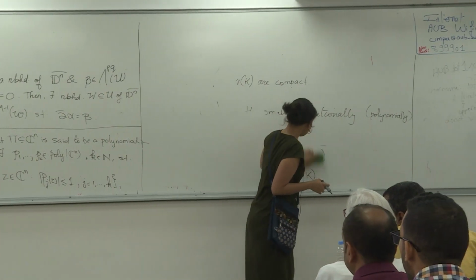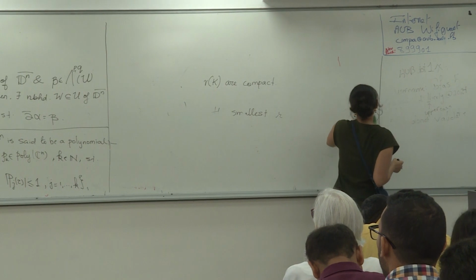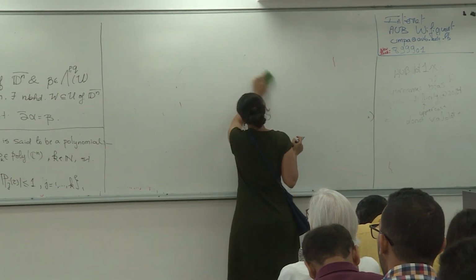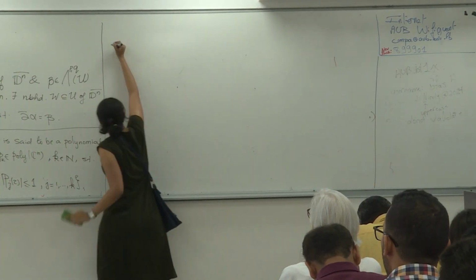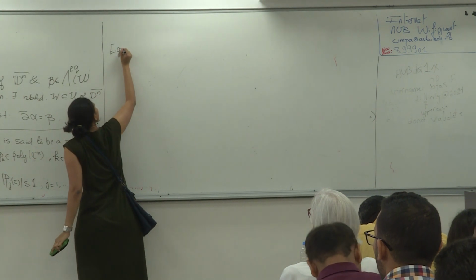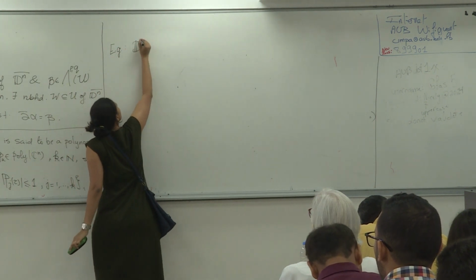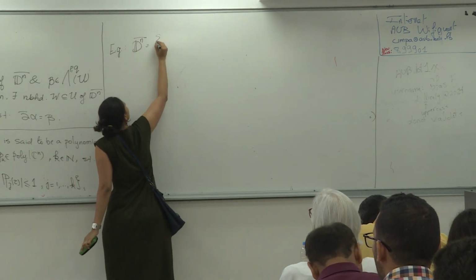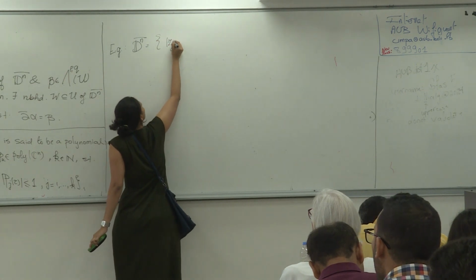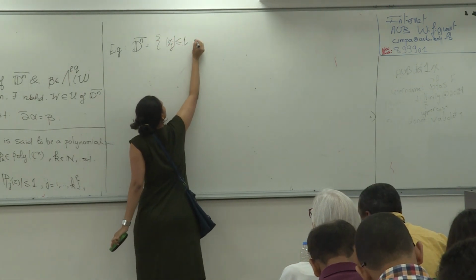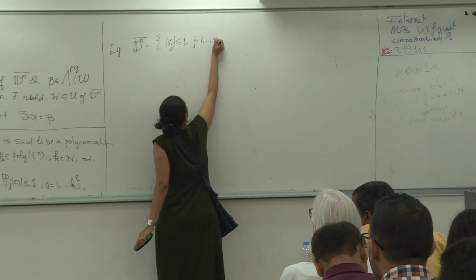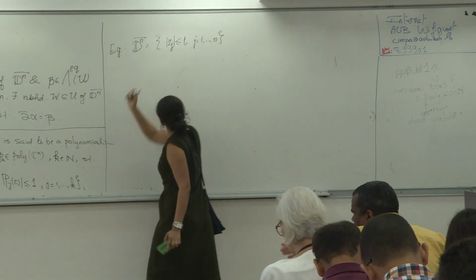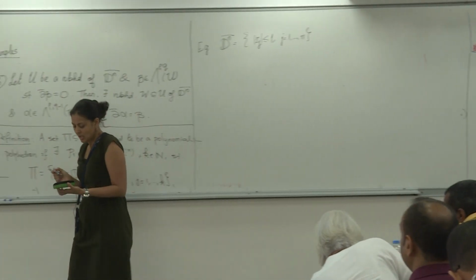For example, a standard example is the closed polydisk, right? After all, these are all polynomials, right?